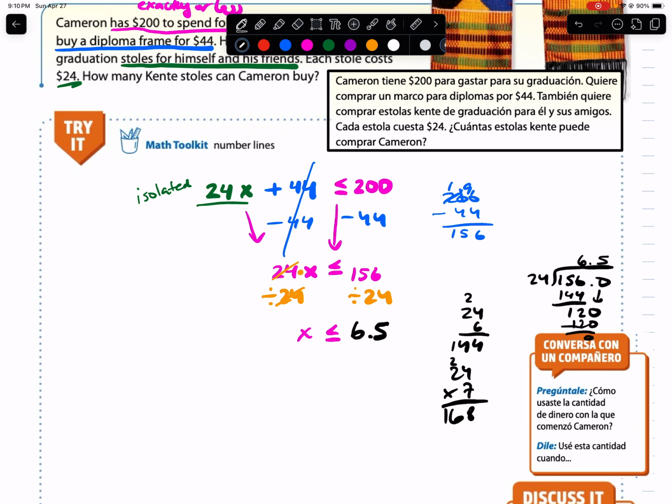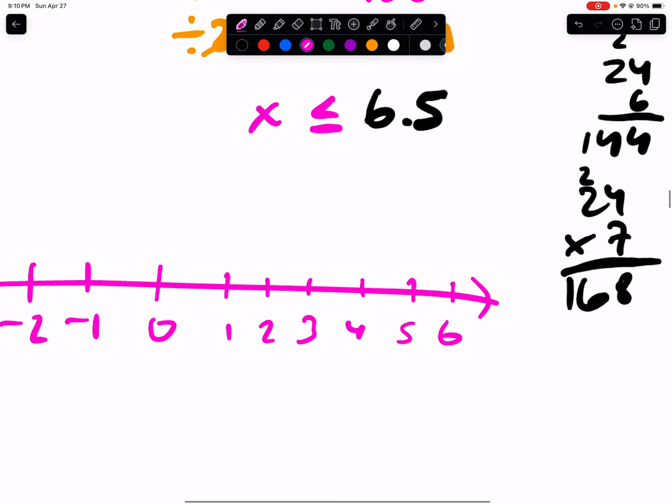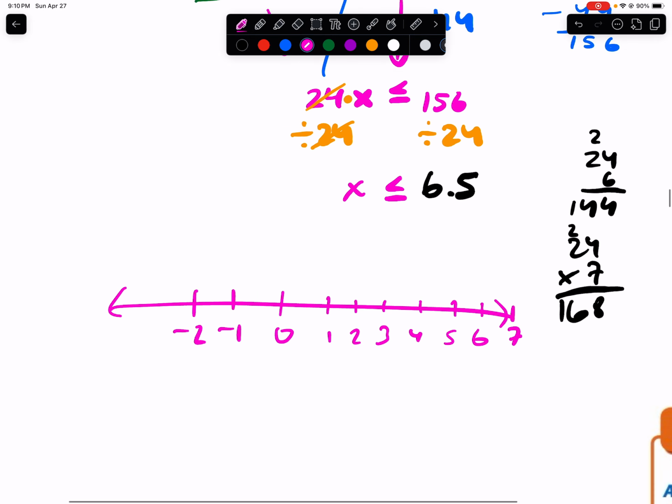All right. How many Kente stoles can Cameron buy? Looking at the number line, I have never heard of anyone say, I'm going to buy -5 of this. There's no such thing, so these negative ones don't exist because you can't buy a negative of something.